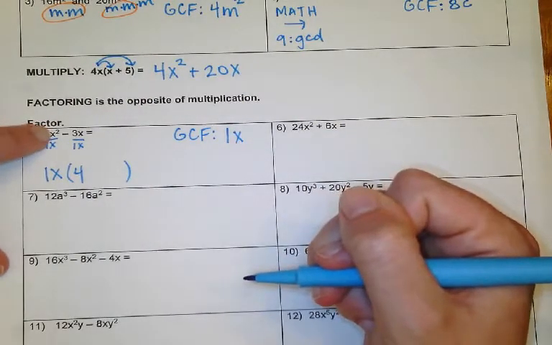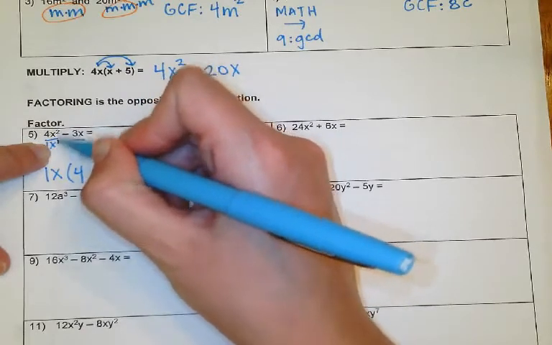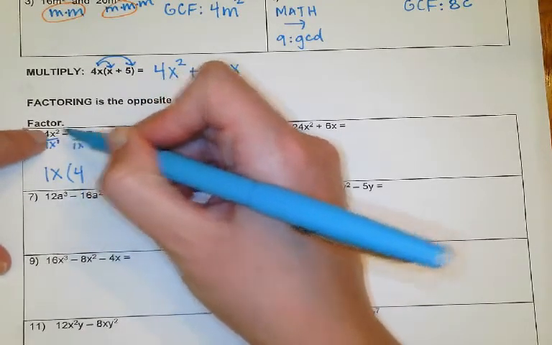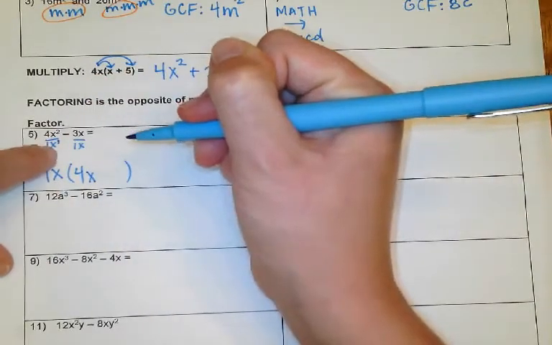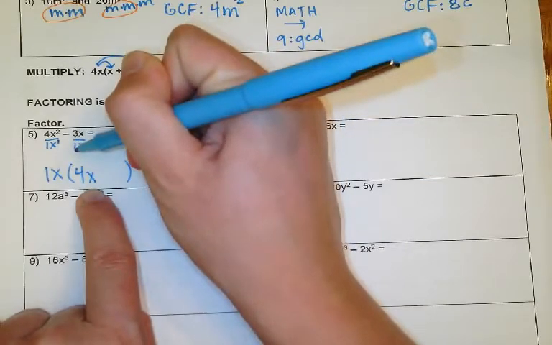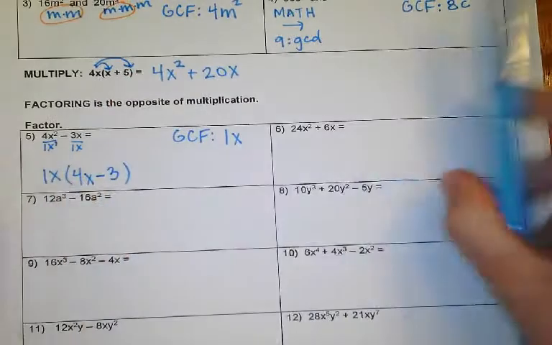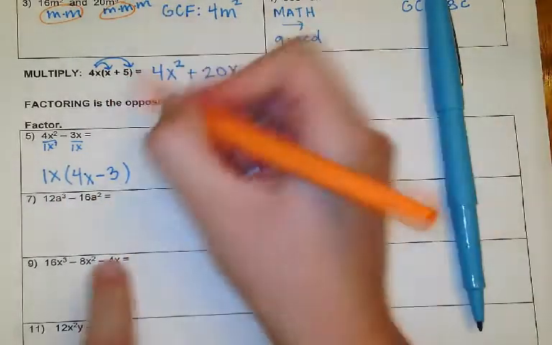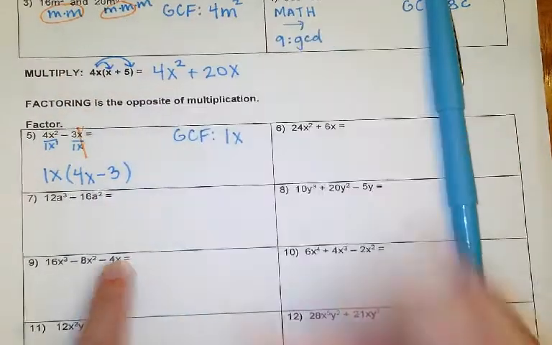X squared, if I divide by an x, remember that's going to take away one of the exponents. There were 2 x's, we took 1 out, so the exponent's going to decrease by 1. Negative 3 divided by 1 would be negative 3. And then here, if I have x divided by x and they both are just x to the first, they're going to cancel each other out.